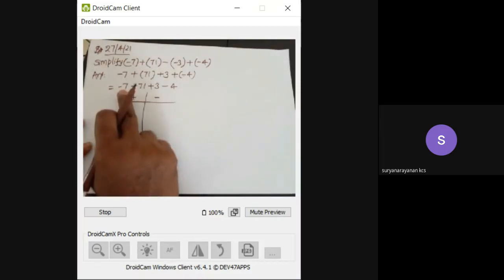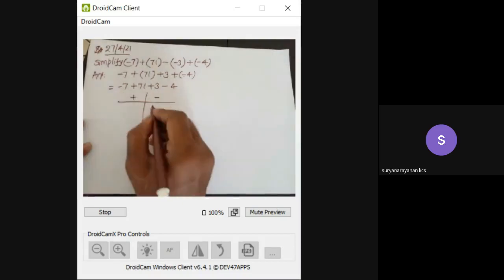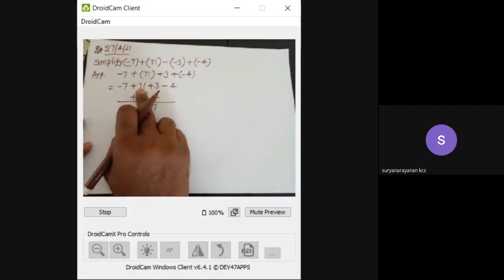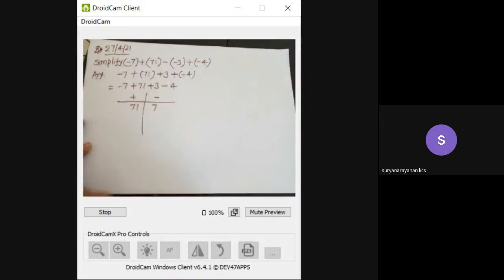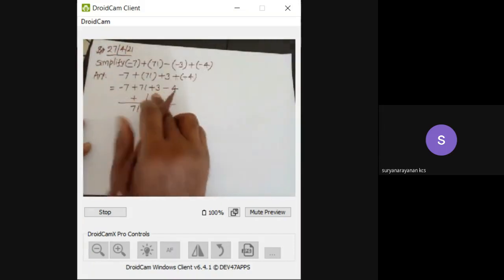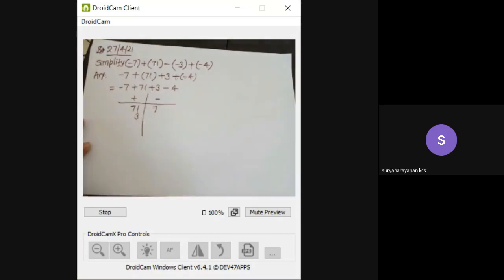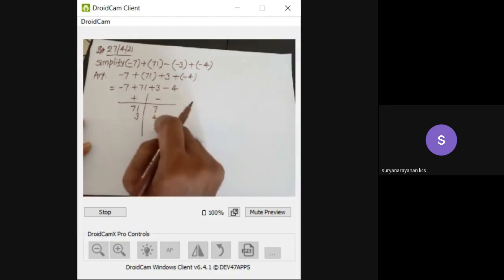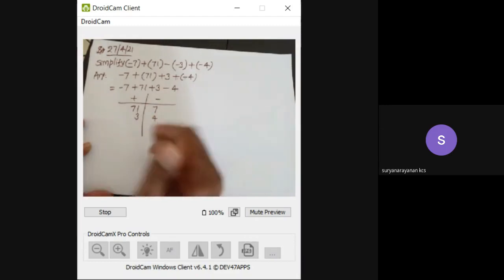What is the first number here? Minus 7. We should write under the minus sign. Here plus 71, we should write under the plus sign. Here plus 3, under the plus sign, just below 71. Here minus 4, so we write under the minus sign just below 7.